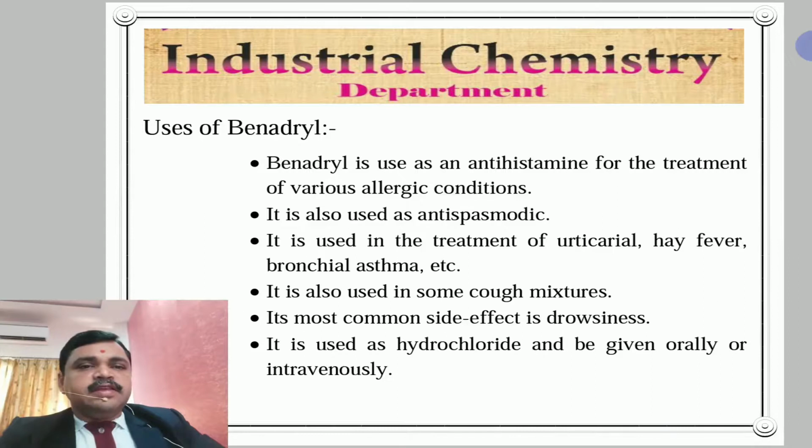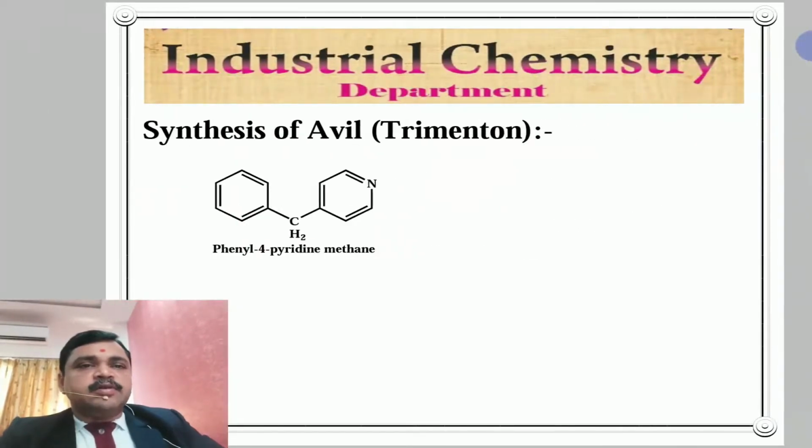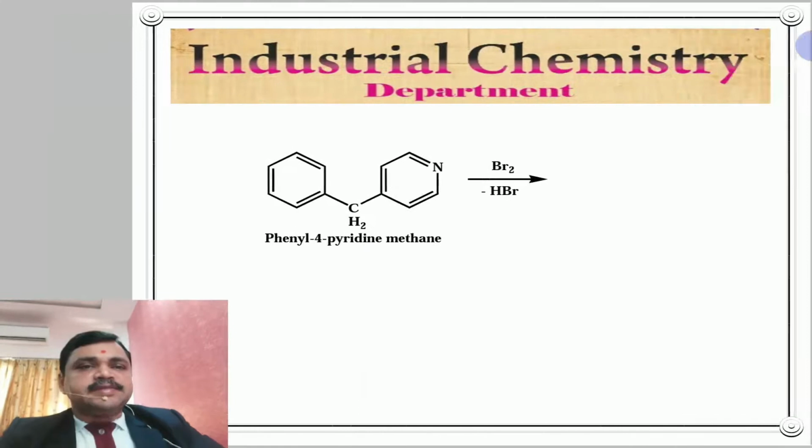Now we synthesize our second compound, that is Avil. It is also known as Trimeton, Avil or Trimeton. Avil is synthesized from phenyl 4-pyridyl methane. Here the stated structure is phenyl 4-pyridyl methane.